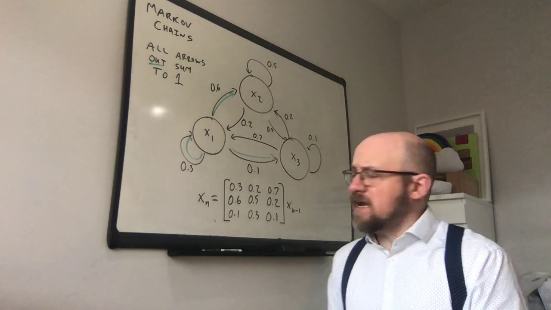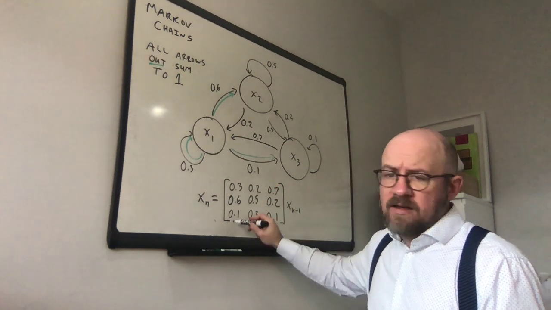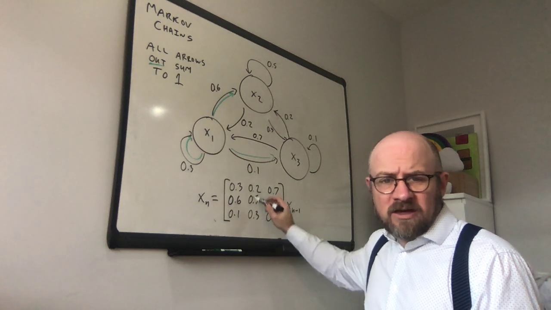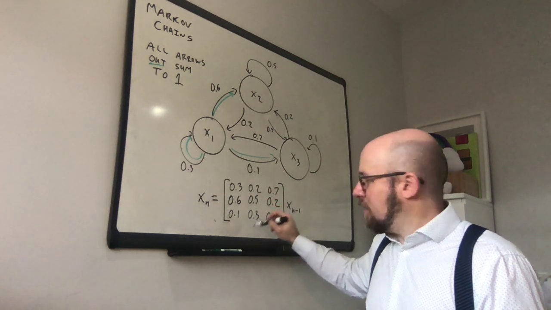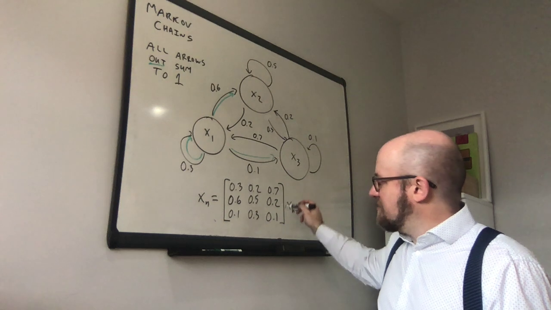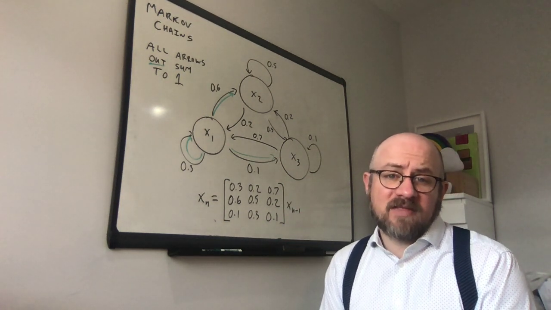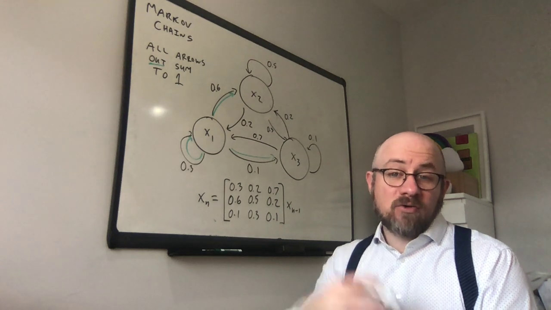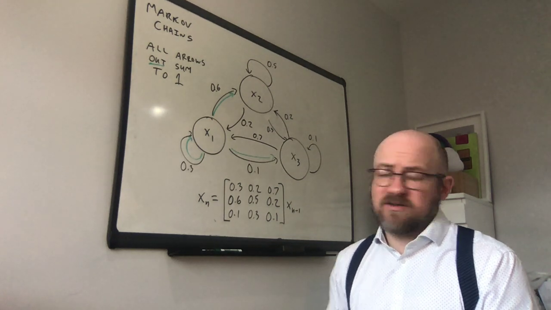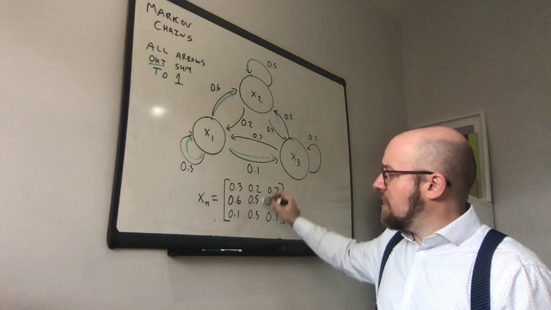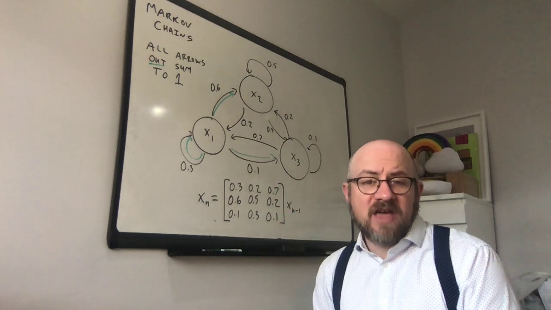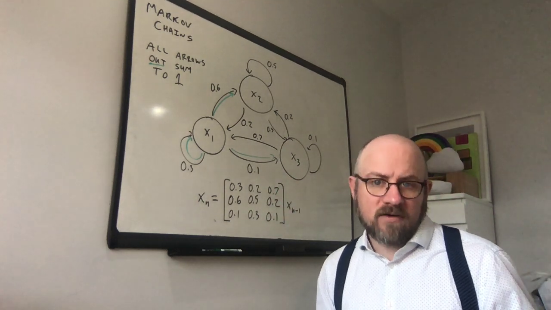And you can see here, notice that the columns of this matrix, 0.3 plus 0.6 plus 0.1, 0.2, 0.5, 0.3, 0.7, 0.2, 0.1, all add up to 1, right? And that's because the columns are the arrows going out of a particular state. So these are all the arrows going out of 1, out of 2, out of 3. And so those add up to 1 just because of that Markov chain property.